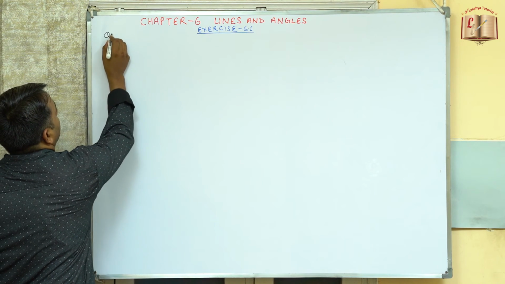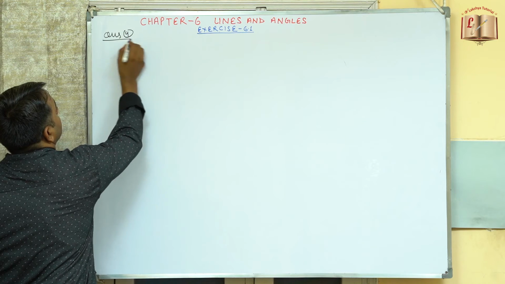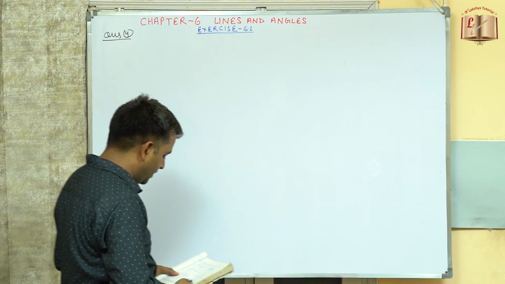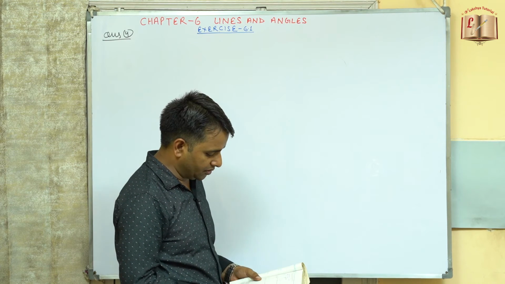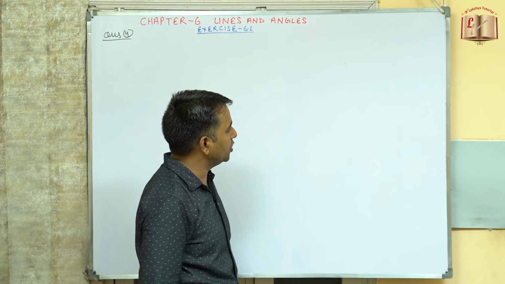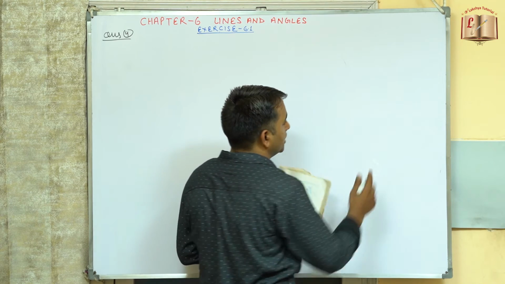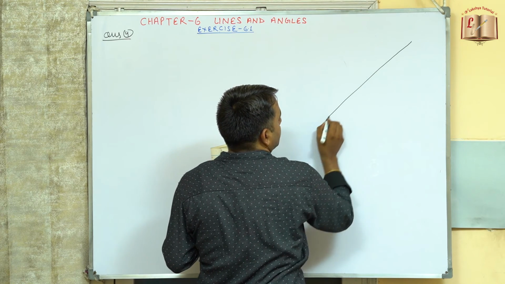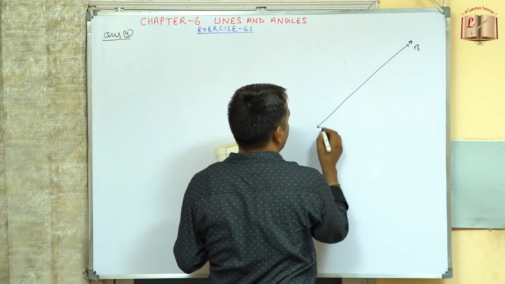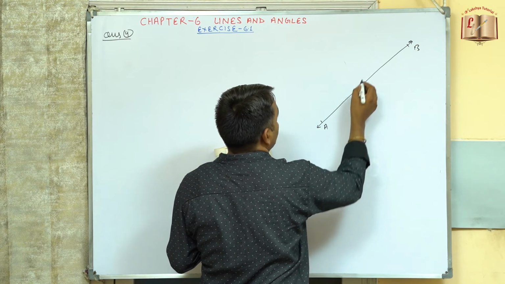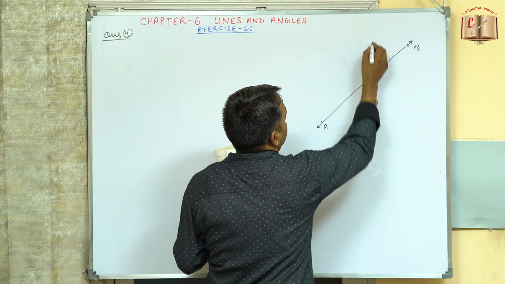Now coming to question number 4. In figure 6.16, if x plus y is equal to w plus z, then prove that AOB is a line. So first of all we will draw this figure. This is given. This point is B and this point is A and this is O here.